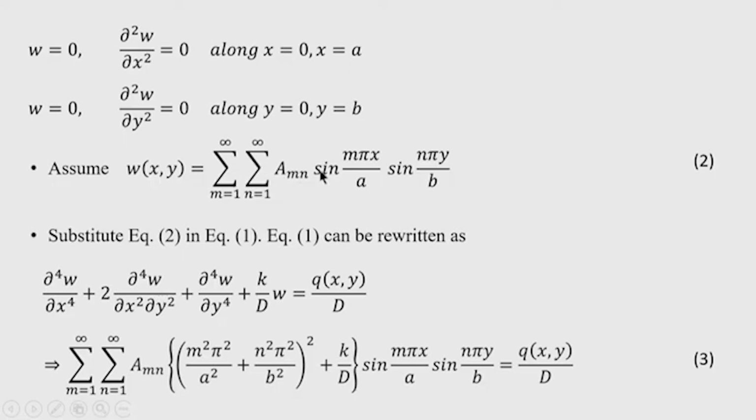So, W = A_mn sin(mπx/a) sin(nπy/b), where m and n are integers. You have noted in my first lecture, while discussing the simply supported conditions of a rectangular plate, that deflection is composed of many half waves in the x direction and y direction. So, the deflection surface is composed of half waves in the x as well as y directions.